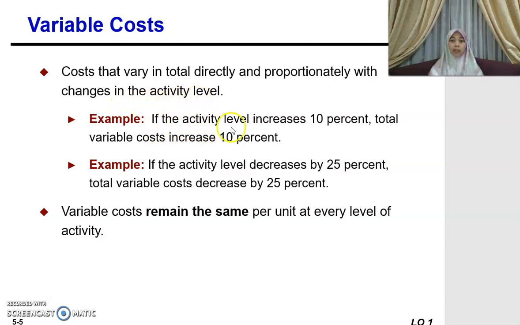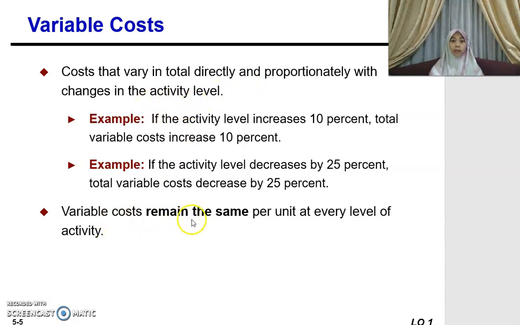So for example, if the activity level increases 10%, then total variable cost increases 10%. And if the activity level decreases by 25%, then total variable cost decreases by 25%. So it has a direct proportion with the changes in the activity level.